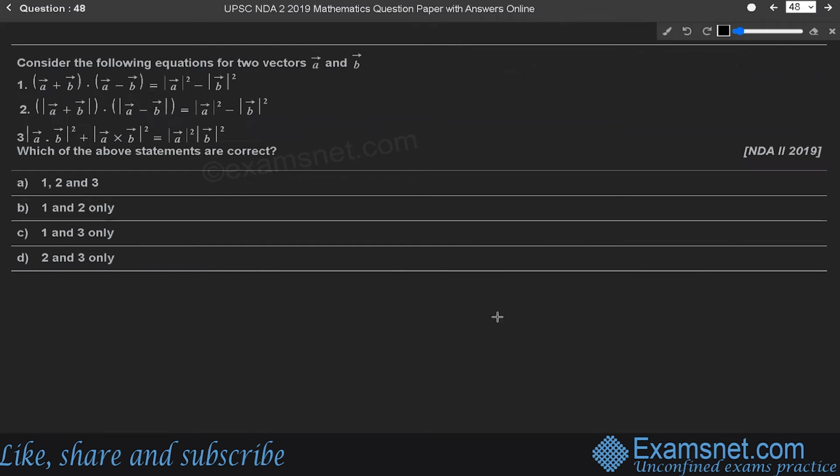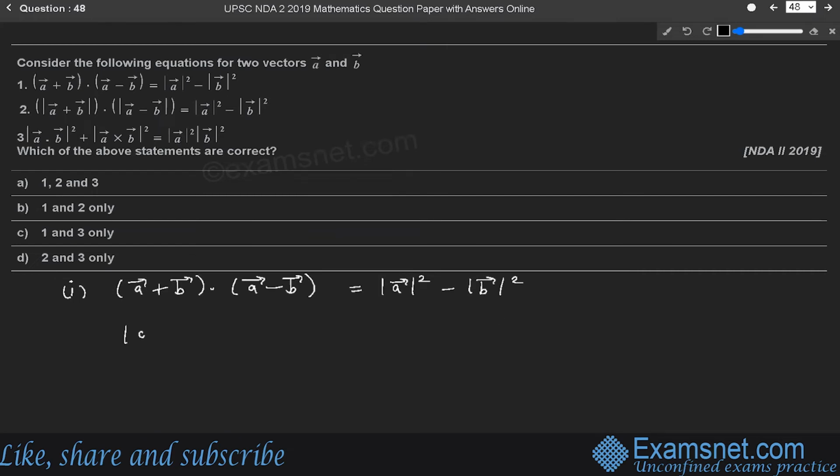Next question is, consider the following equations for two vectors, A vector and B vector. There are three equations given here. Which of the above statements are correct? So, the first statement is A vector plus B vector dot A vector minus B vector is equal to mod of A vector whole square minus mod of B vector whole square.